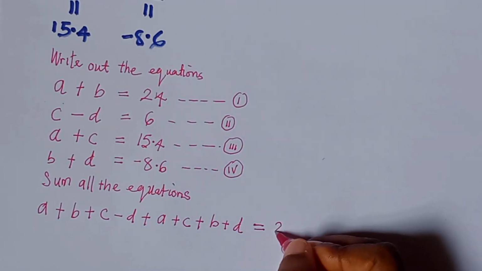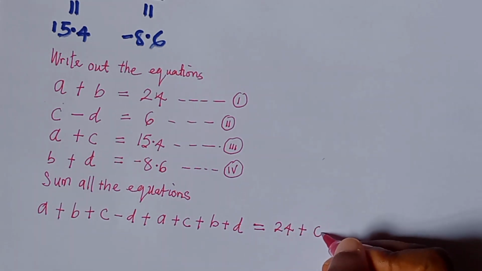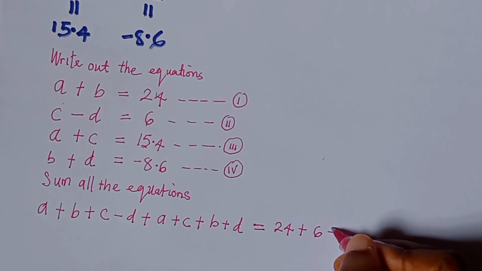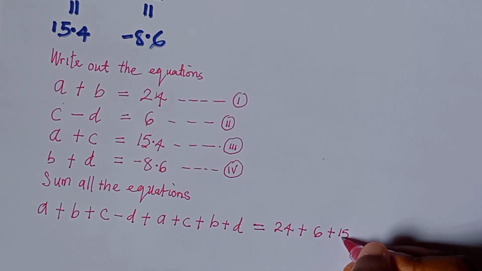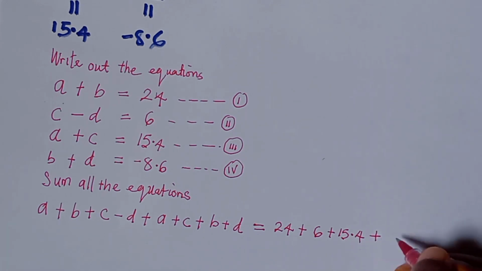We have 24 plus 6 plus 15.4 plus minus 8.6. We can put our bracket here.